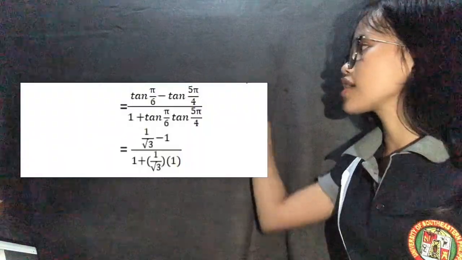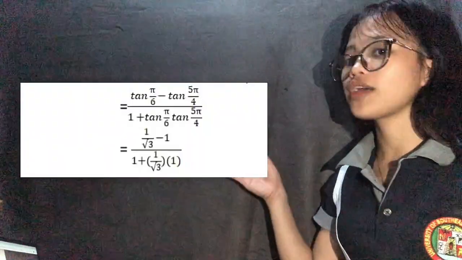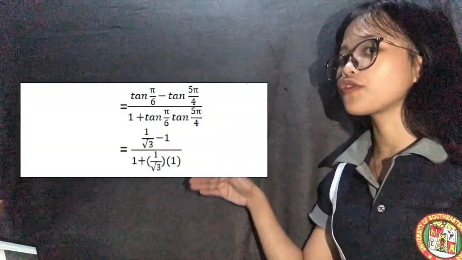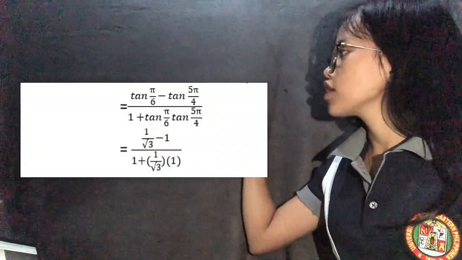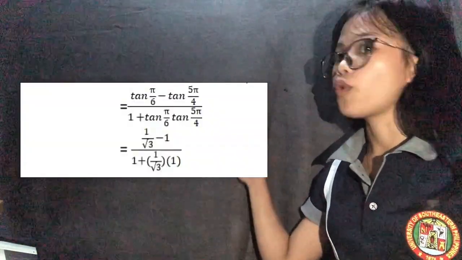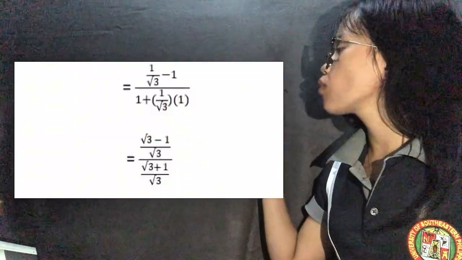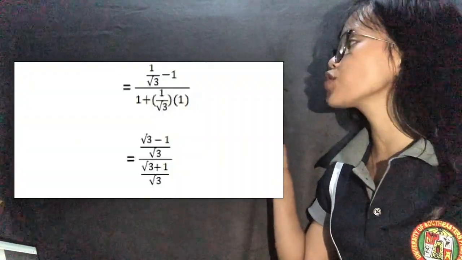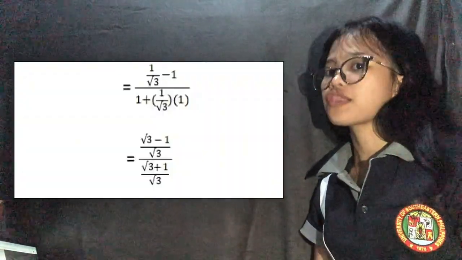Now we're going to use that here. So we will now get 1 over square root of 3 minus 1 all over 1 plus 1 over square root of 3 times 1. Now we're going to simplify, and we will get square root of 3 minus 1 over square root of 3 all over square root of 3 plus 1 over square root of 3.